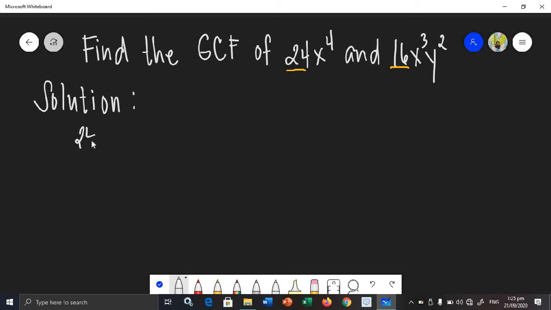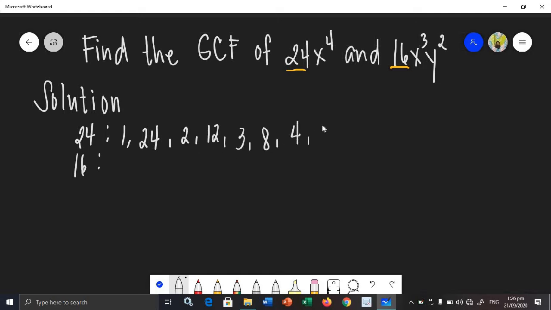So let's say we have here 24 and below it is 16. Okay? So ano-ano ba ang factors ni 24? So pwede dyan 1 and 24, just like what I say a while ago. 2 and 12, 3 and 8, 4 and 6. Ayan yung mga factors ni 24.